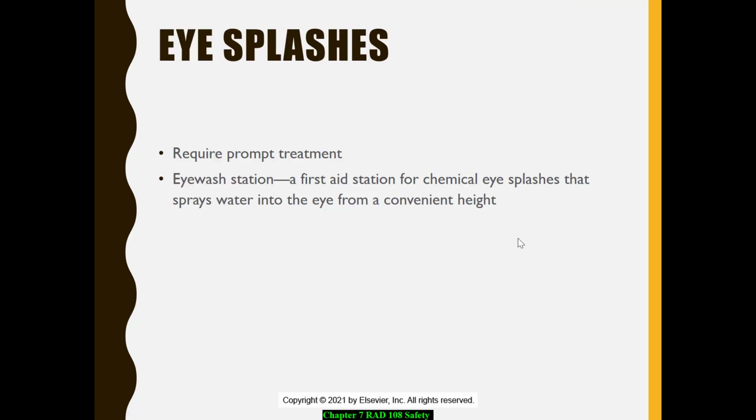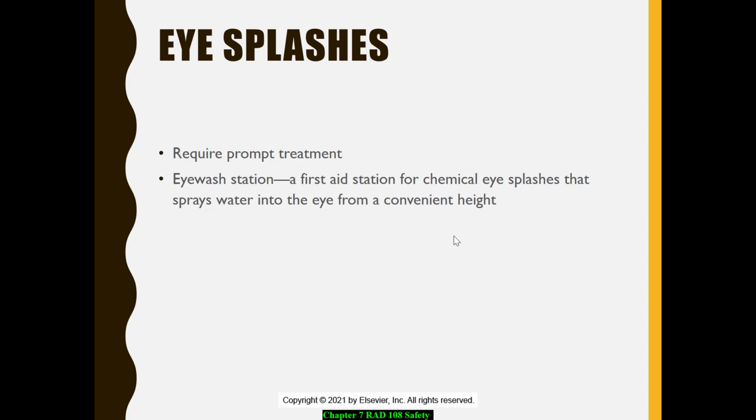If you do have an eye splash, departments are required to have an eye splash station, and you do want to treat that promptly. If it's especially a chemical splash, you want to run water for a full 5 minutes on that eye, and then you do need to fill out an incident report, and you do need to have that treated so that you don't lose your eyesight.